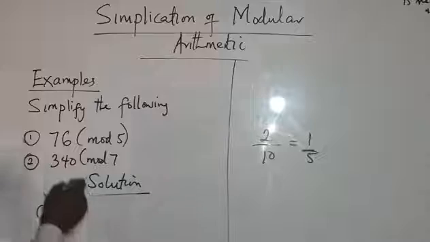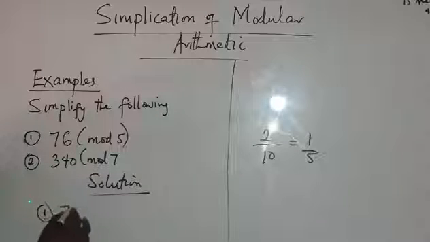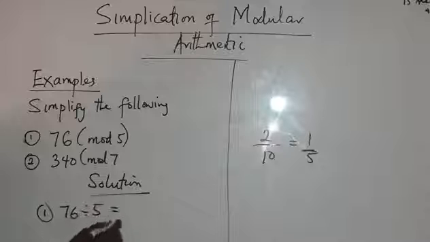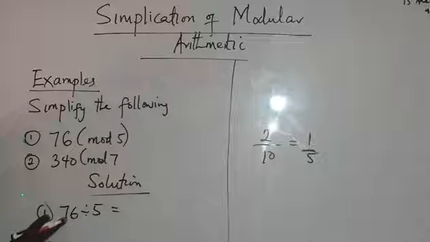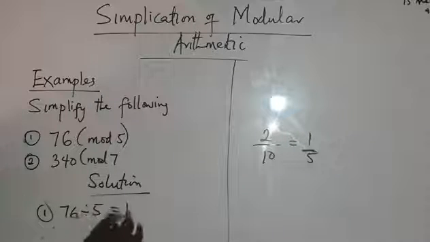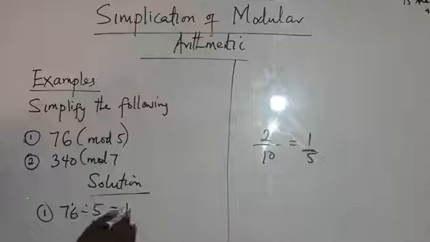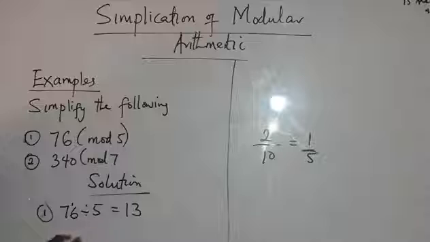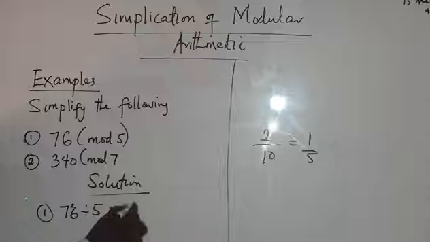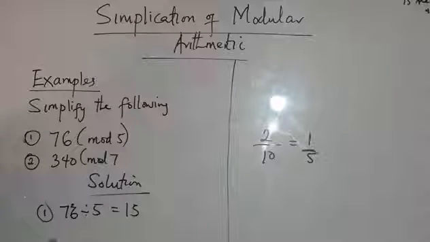So in that case, let's have 76 divided by 5. 5 in 7, that is 1, remainder 2. And 26, 5 times 5 is 25, so remainder 1.